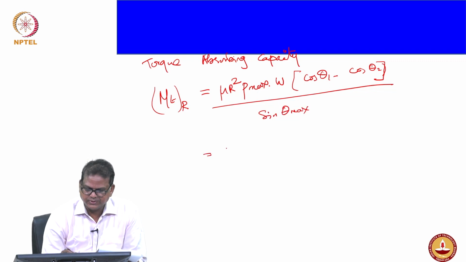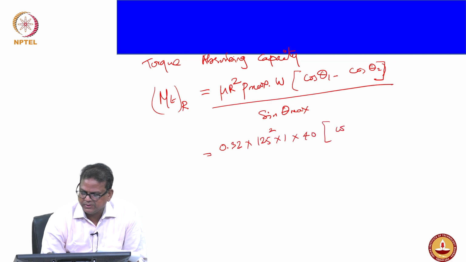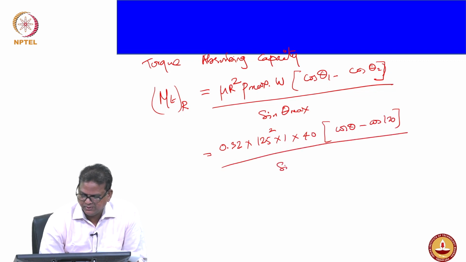Substitute again: the coefficient of friction is 0.32, 125 whole square, P max 1 and W 40, cos 0, cos 120, and sin theta max I can substitute straight away as 1, nothing else.